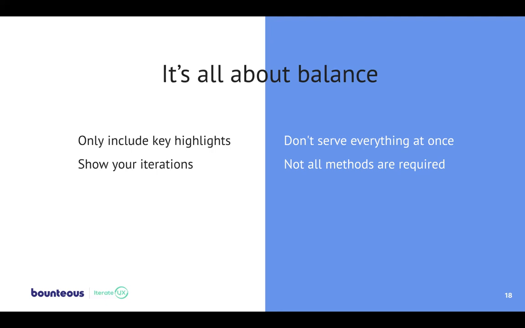So it is about how well you describe your process. It's not about everything you've included in your case study. Just include the key important points which you feel the interviewers need to see and read through.